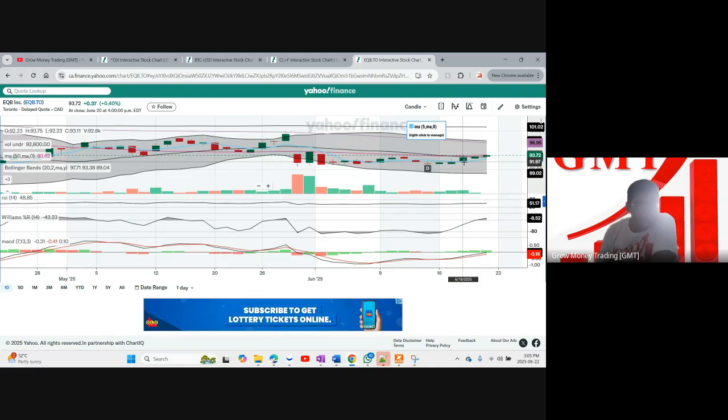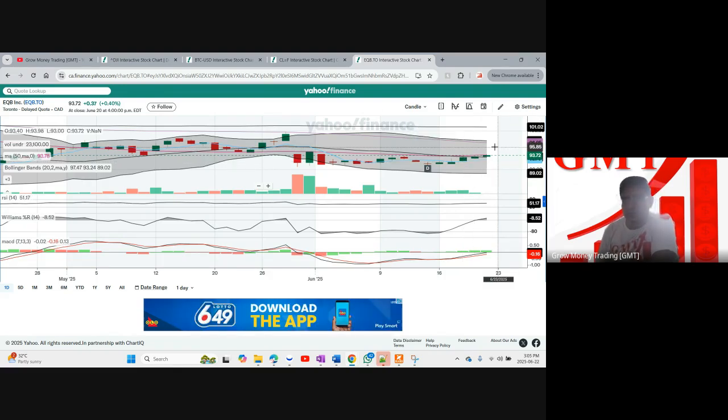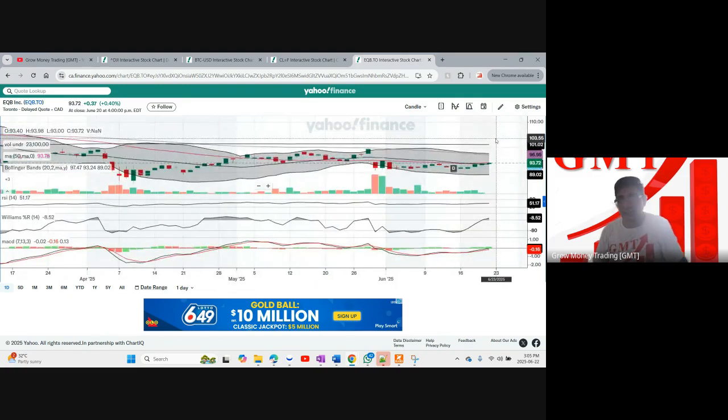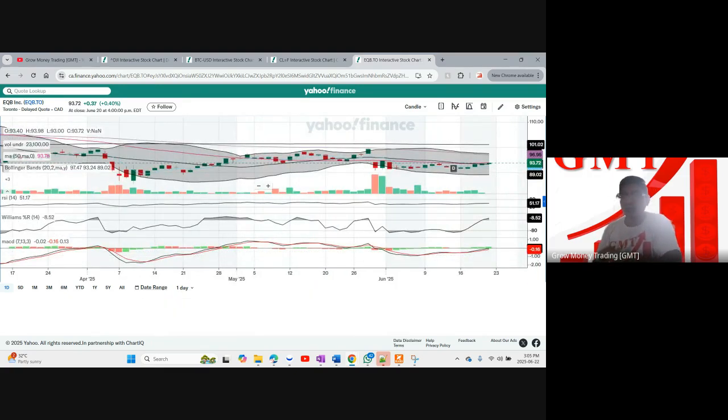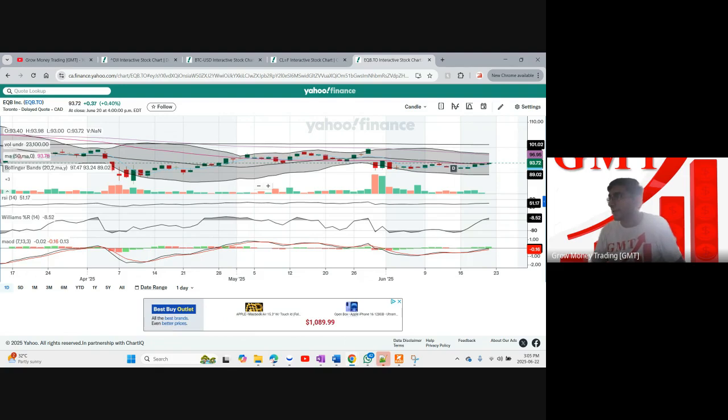The low here was $92.23. So $92 could be your stop loss. For your first target 96 or 97, second target 99 or 100. EQB looks to be a good trade or good stock to hold, even if the market conditions are quite volatile and looking bearish.